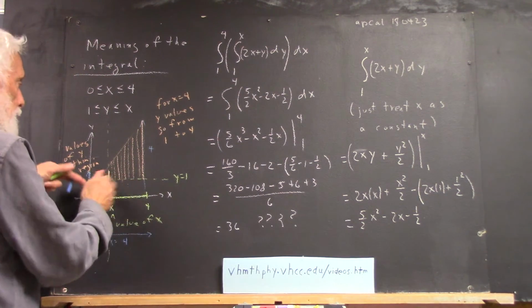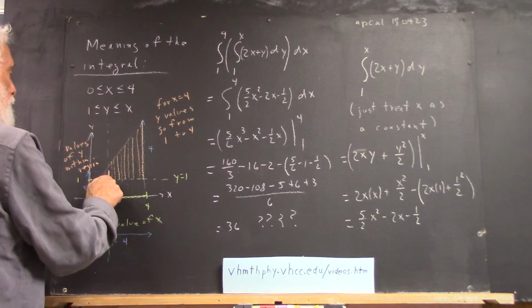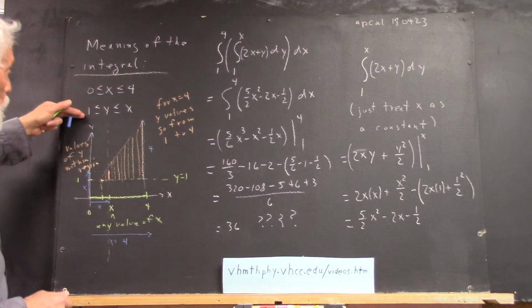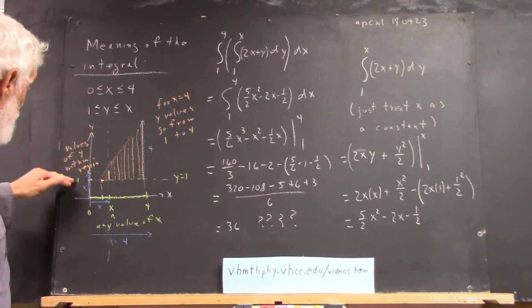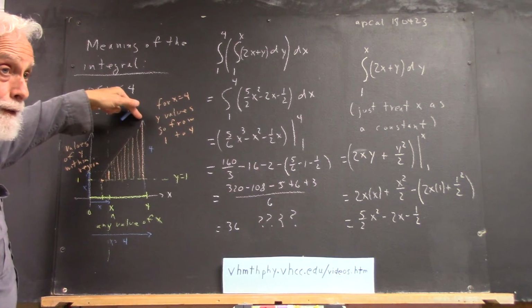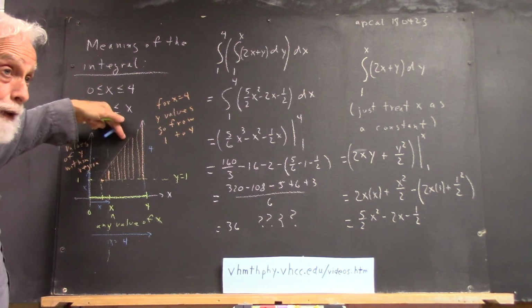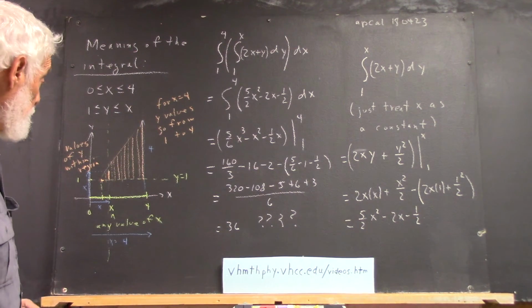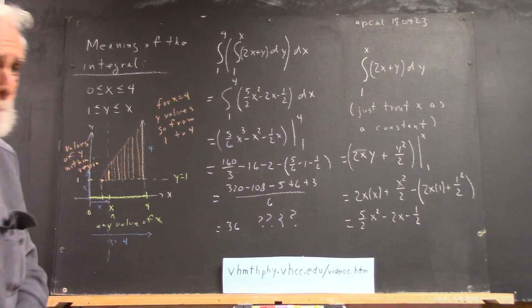So if you fill this in for all possible values of x, you get all these ranges of y values that go from 1 to x. The y is never less than 1 because it has to be there. And it stops at whatever x is. As x gets bigger, the range of y values gets bigger. Does that make sense? Okay?